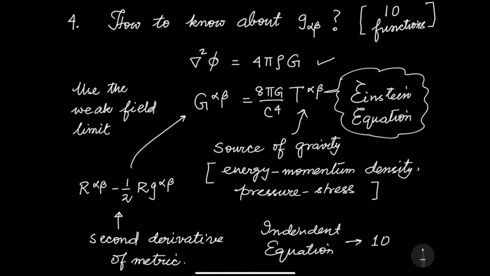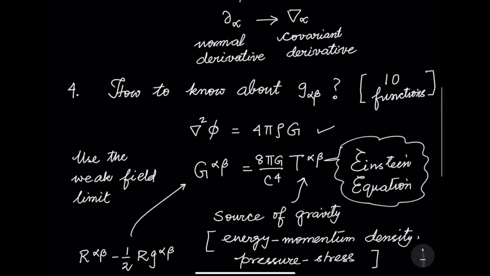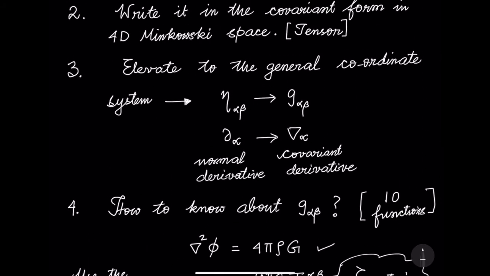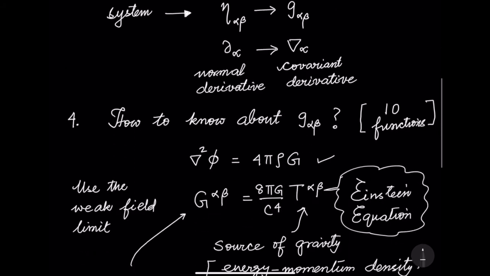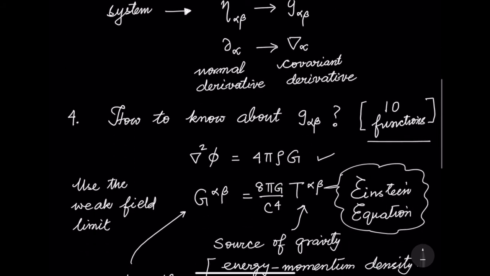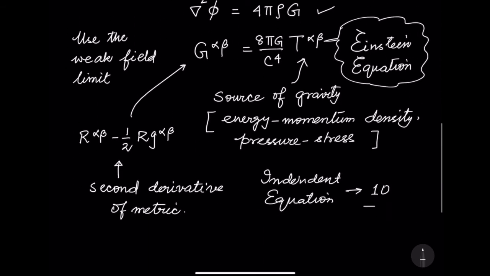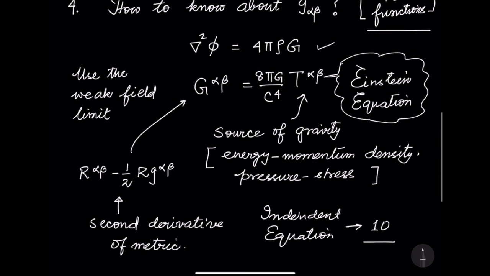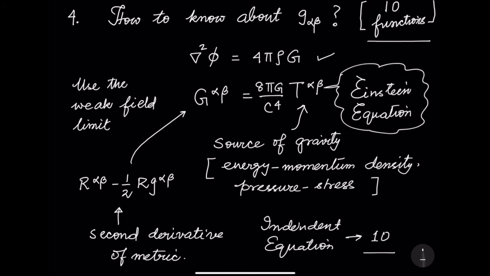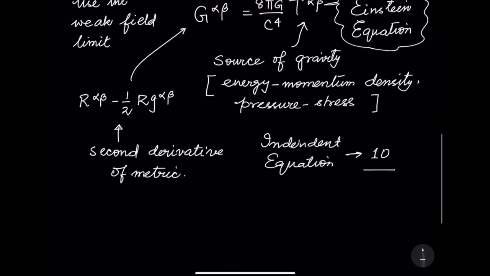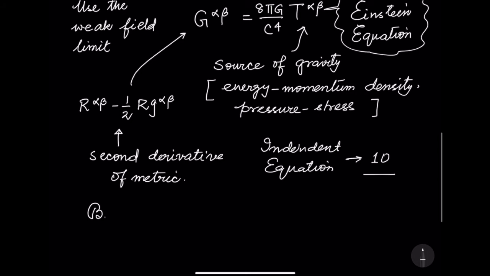And it looks quite good, because we wanted to solve for the 10 components of the metric, 10 functions. And I have these 10 differential equations because capital G alpha beta is the second derivative of the metric. I want to solve for 10 components, 10 functions. It's absolutely fine. But actually not quite so, because I also have the Bianchi identities.